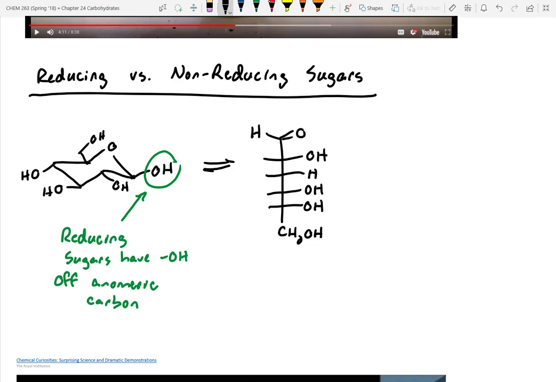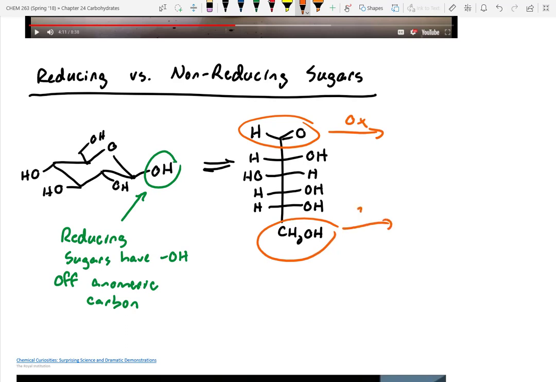We'll look at the open chain form, so we know that D-glucose is an aldose. It's got an aldehyde on the top. And that you can oxidize either one of these positions. So you can oxidize and you can oxidize, right? We just saw that in the previous reactions.